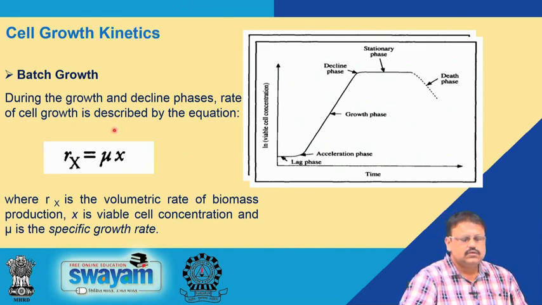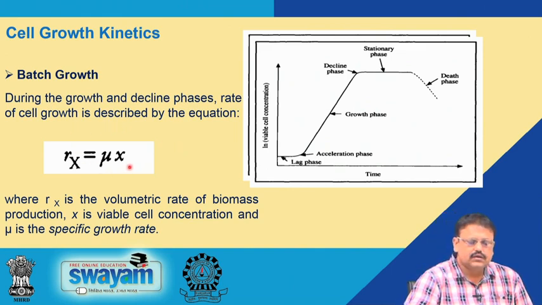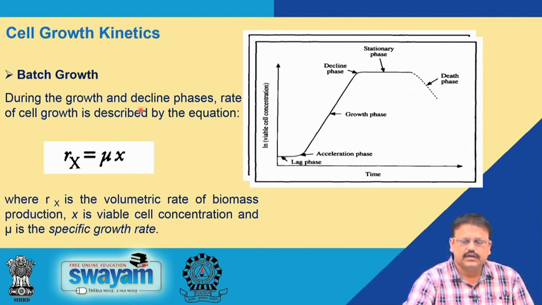Now we will talk about microbial fermentation. When the microbes are added into the system, the initial phase is called the lag phase, when the microbes are just adjusting to the system, and at that moment the microbes are not growing; there will be no cell division.